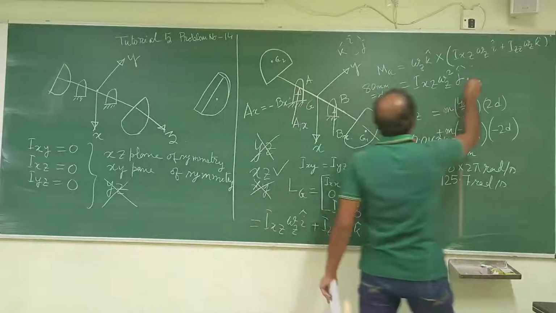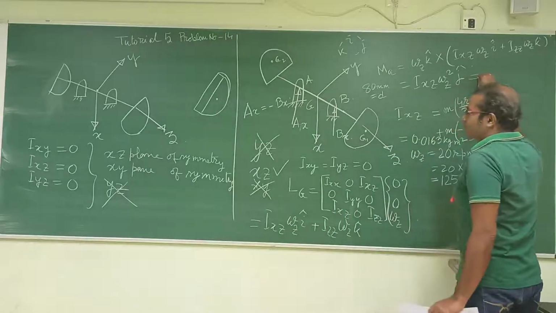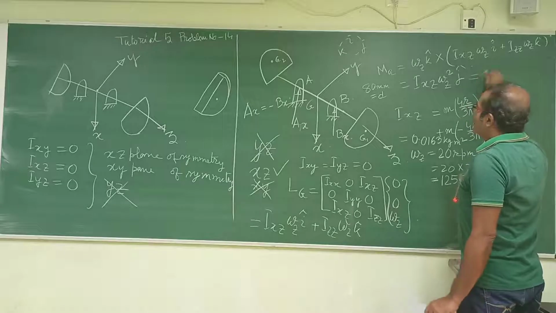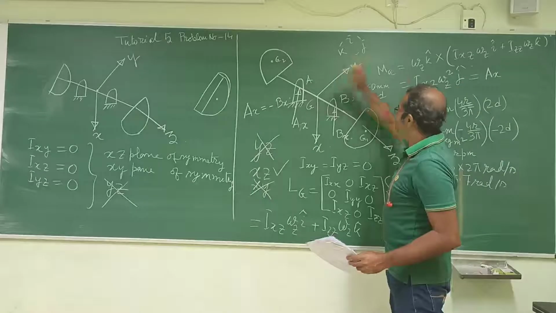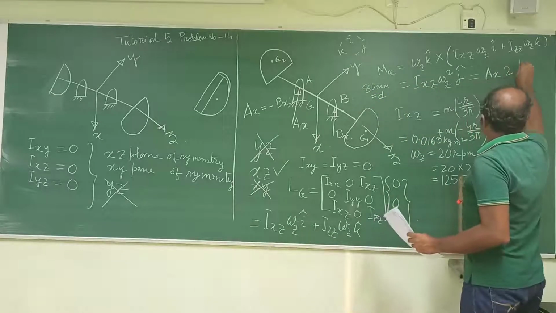So the moment that you have got is going to be ax times this distance, so it is once again twice t.